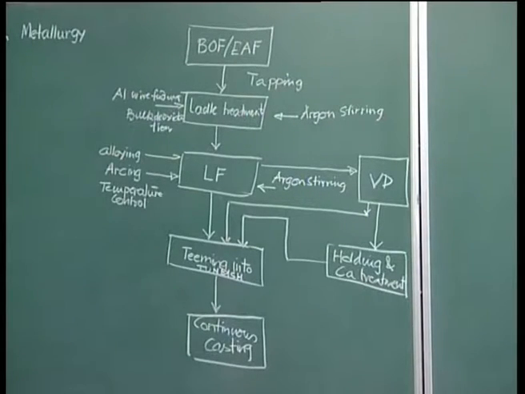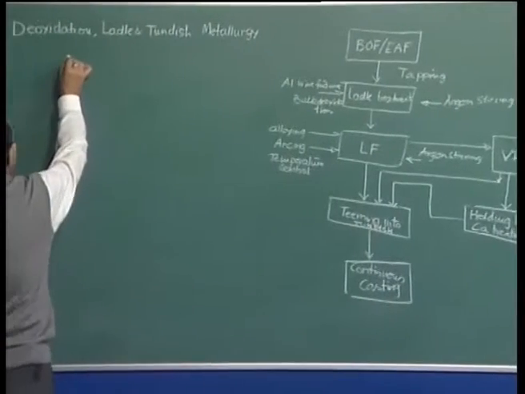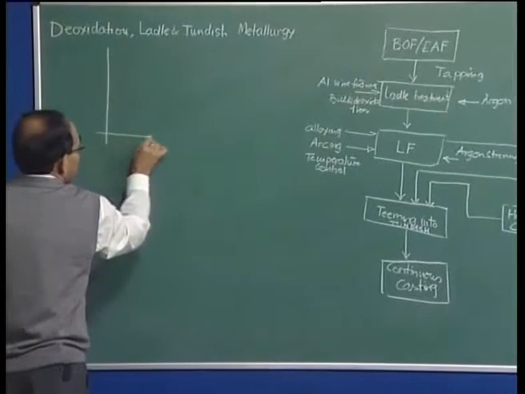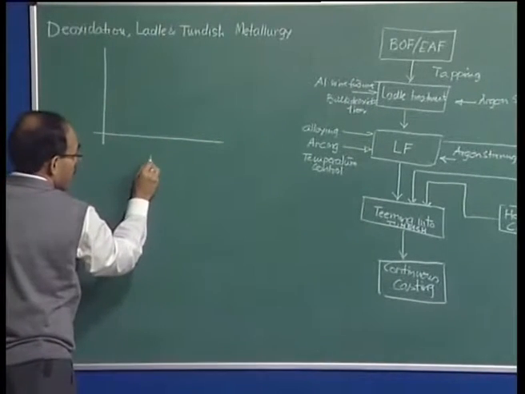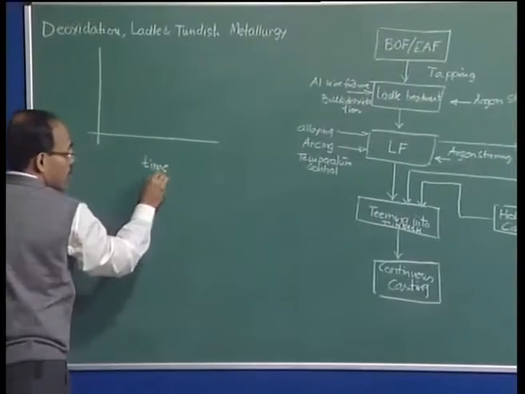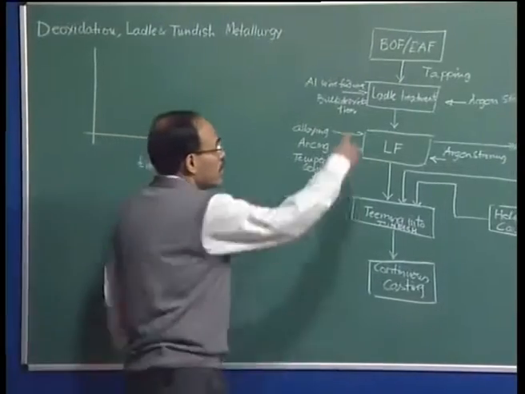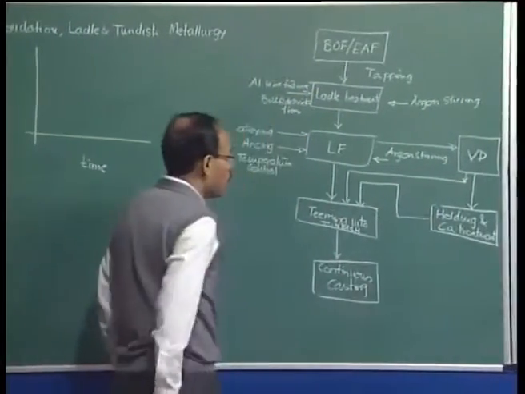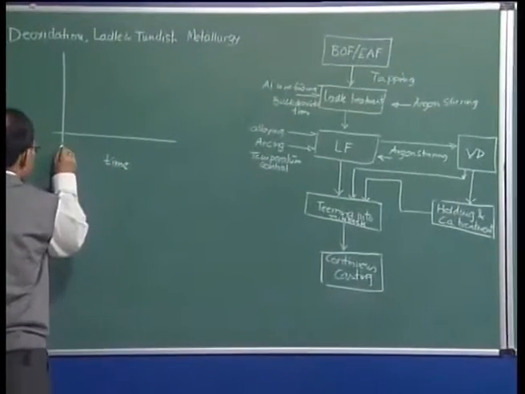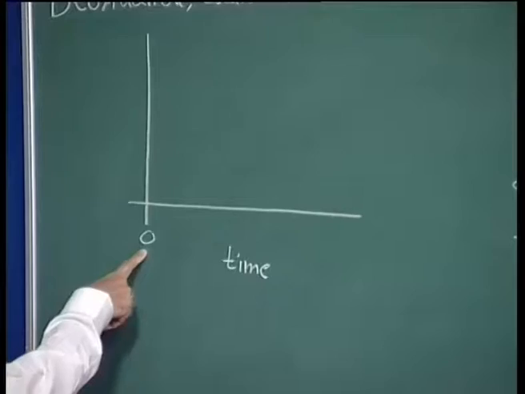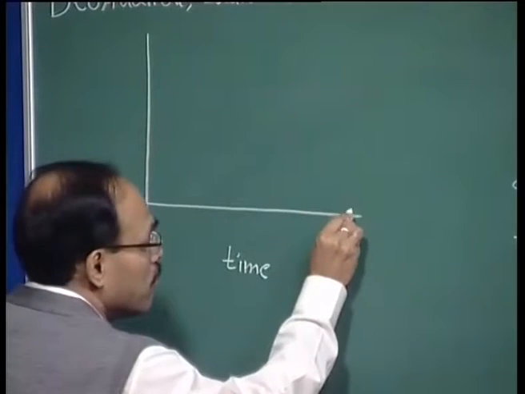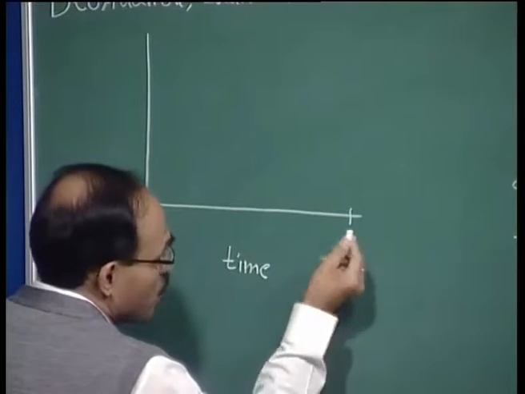Now, during this process, if I wish to summarize how the temperature of the melt changes, which is an important aspect of ladle metallurgy steel making operation, you have time here. As I said in the beginning, the entire treatment operation goes from 0, which represents the tapping from the BOF, and this could be something about 80, 90 or 100 minutes.